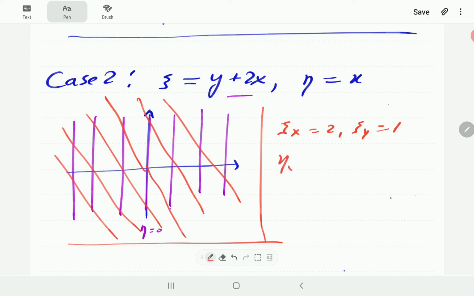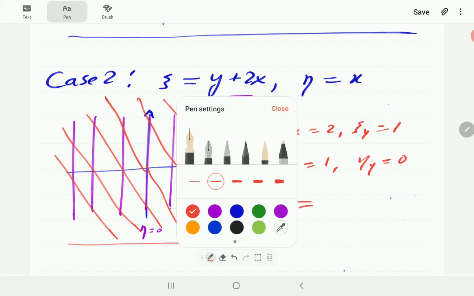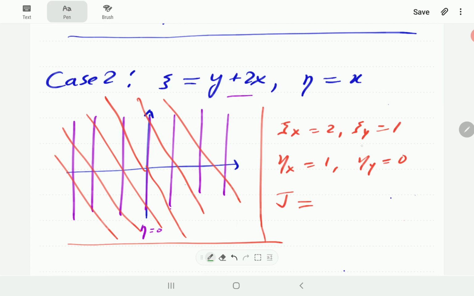So eta x is 1, eta y is 0. Then the Jacobian is just the sum of the cross multiplication thing that you get here. So 2 times 0 is 0, then 1 times -1, so this is 1.